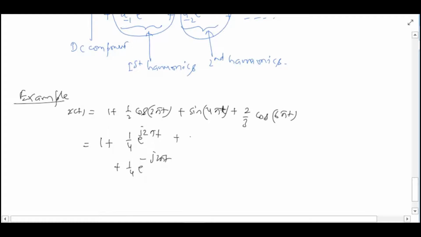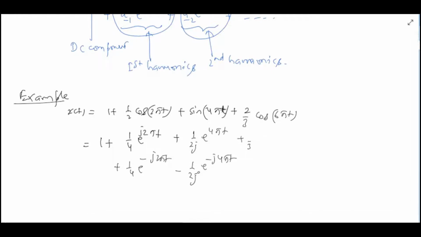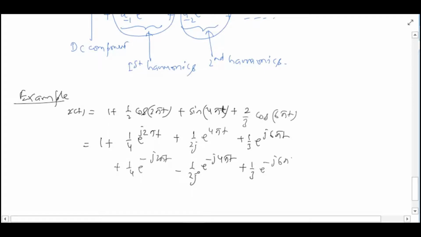Here we will have 1 over 2j e raised to j 4 pi t minus 1 over 2j e raised to minus j 4 pi t plus 2 by 3 cos 6 pi t, which will actually become 1 by 3 e raised to j 6 pi t, and then one more term 1 by 3 e raised to minus j 6 pi t.